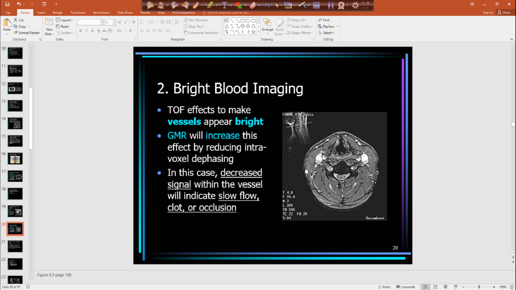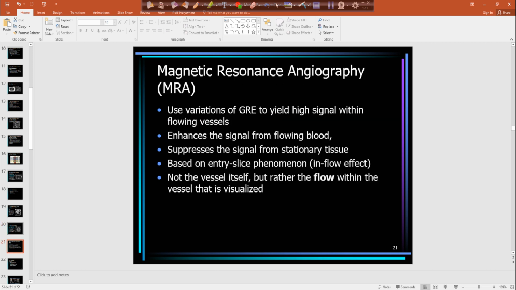So hypointense on a gradient echo means blood clot or other various pathologies. A hypointensity within a gradient echo pulse sequence usually means a blood clot or occlusion.